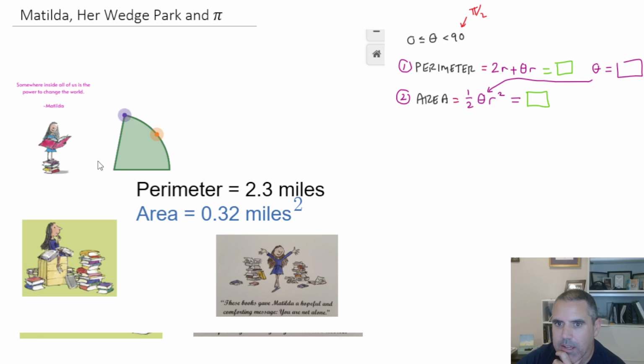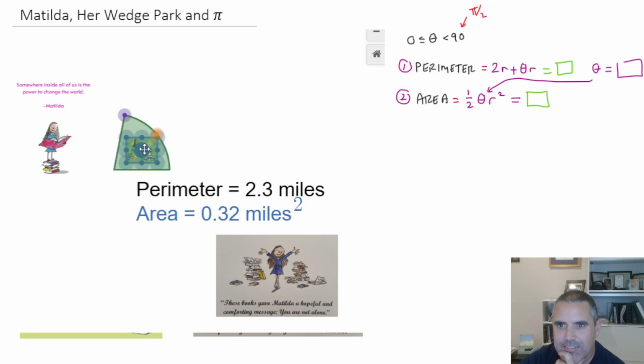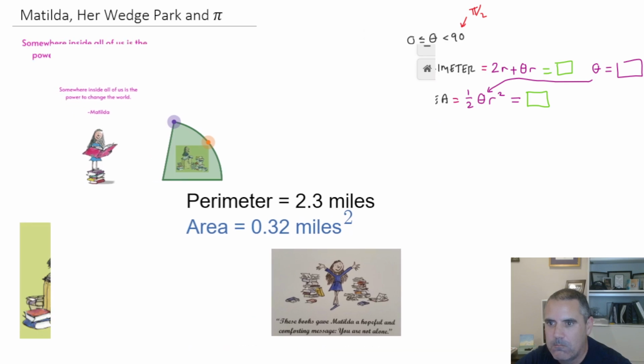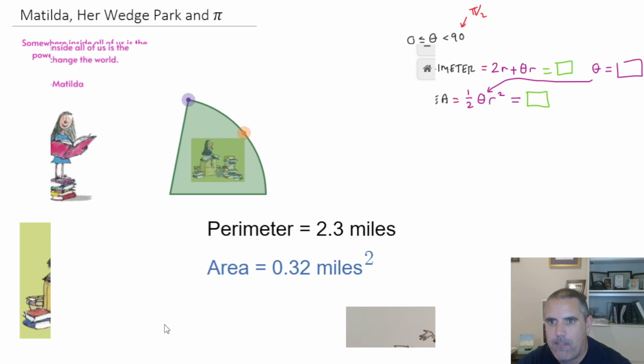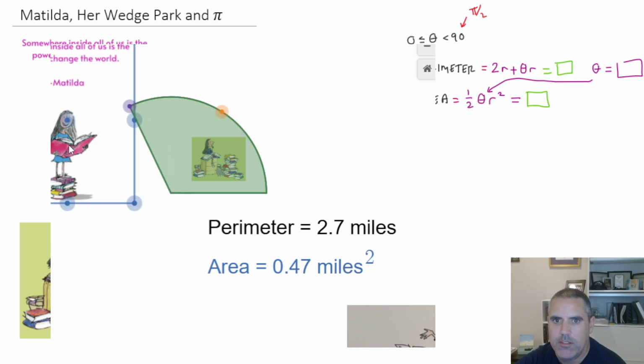So let's fill it in with grass. Let's put Matilda in there. She wants to be able to fit. Okay. So can you find that? That's the question that's being asked. Now you might say, what's the 90-degree thing? Well, if you go too far, you're going to run into this Matilda.